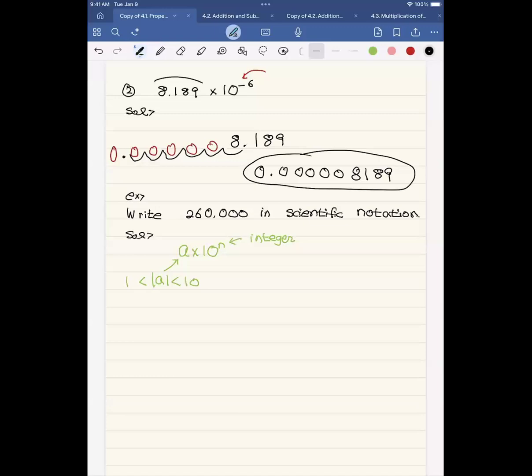When we write 260,000, what we have to take is the first part, which doesn't have the 0s. And a must stay between 1 and 10, so from here we will take 2.6.